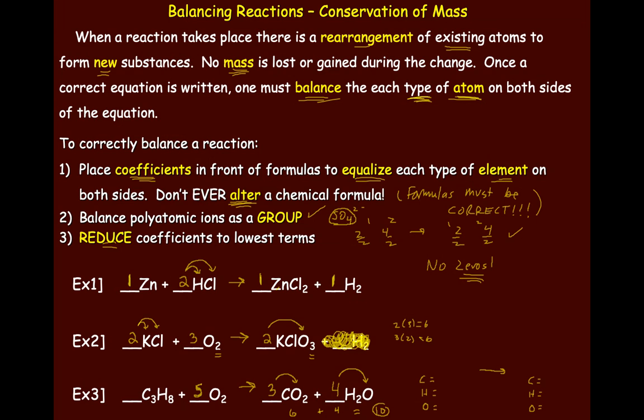So let's just say we started from the beginning. We started with 3 on that side. We started with 8 on that side. We started with 2. So I'm just saying from the beginning, without the coefficients, we would have 2. And on the other side, we would have 1C, right? Starting from the beginning, no coefficients.